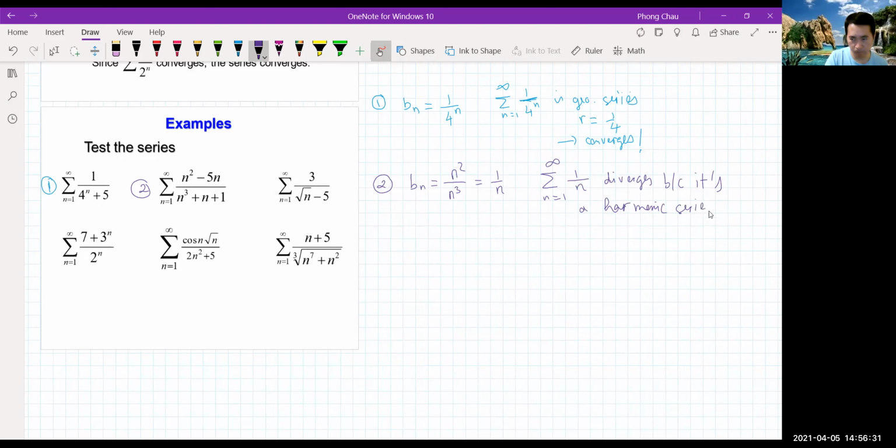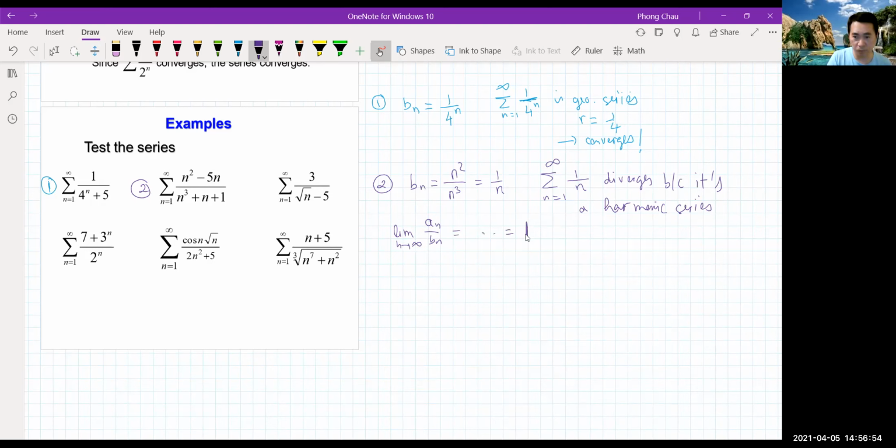Okay. Now from here, again, you need to show the limit part. So that's the limit of a sub n over b sub n as n approaches infinity. You need to show that. So this over this, but you should have the limit equal to 1.